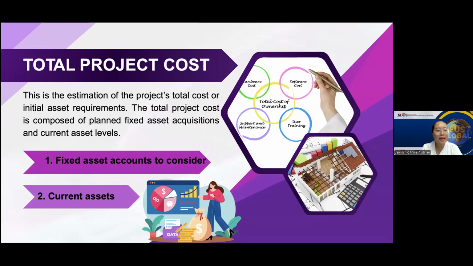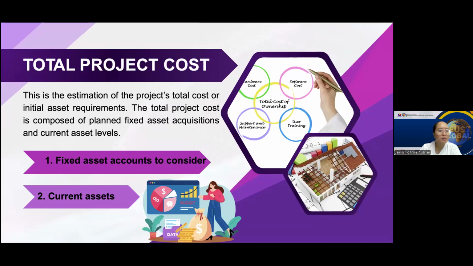Example: students planning a woodworking business estimate their total project cost. The fixed costs: land and building, $50,000; machinery, the saws and drills, $30,000; installation and utilities, electricity and water, $5,000. Current assets include inventory, like wood, screws, and paints, $8,000.